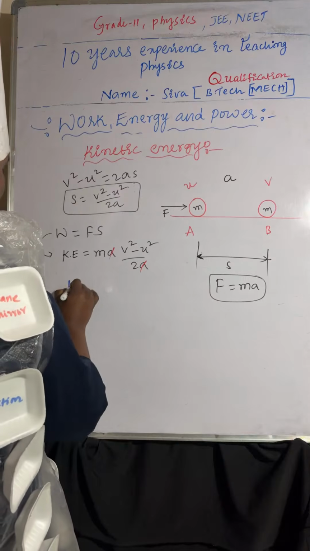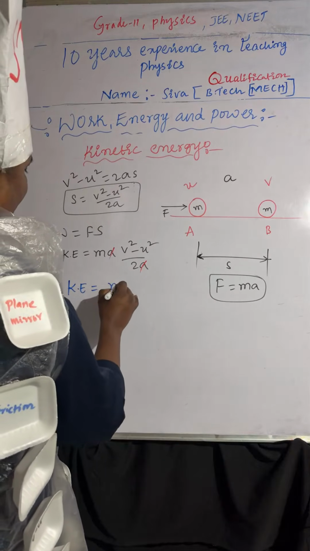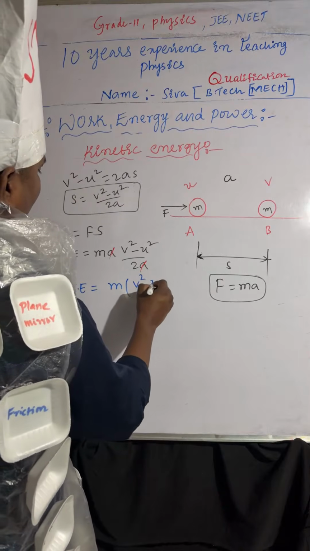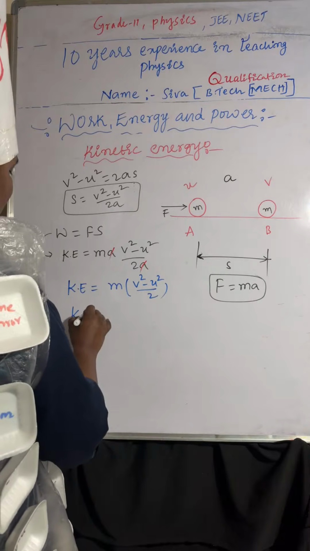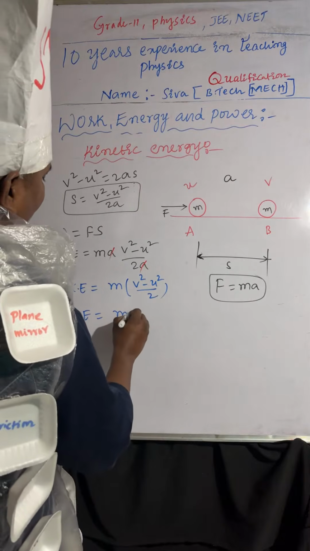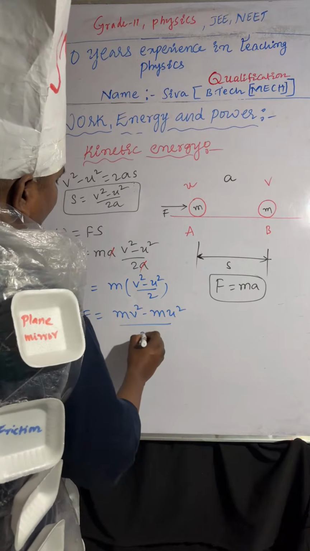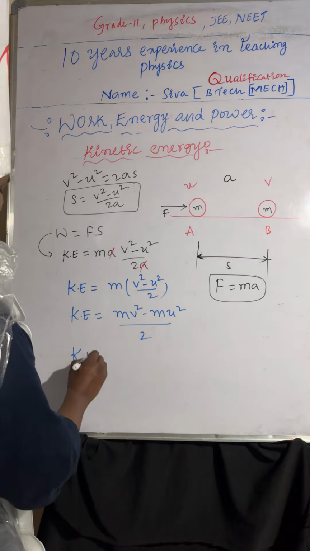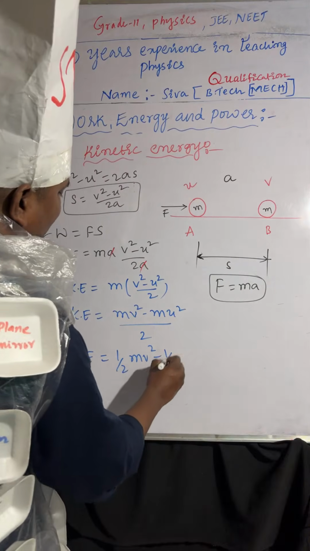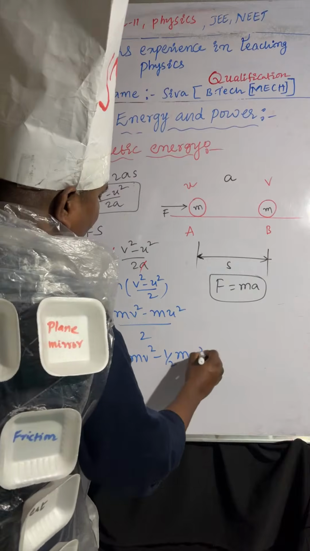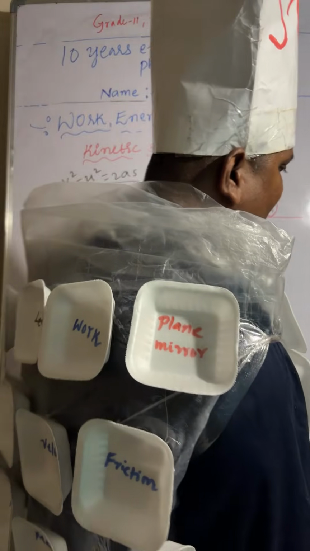Then K equals M into V square minus U square by 2, that is MV square minus MU square by 2. Then K equals half MV square minus half MU square.